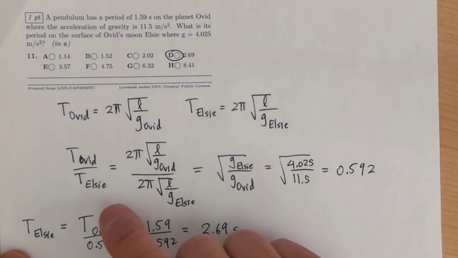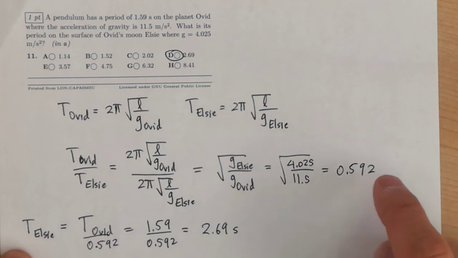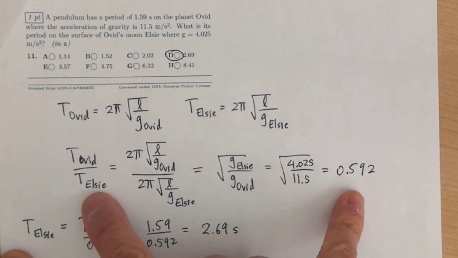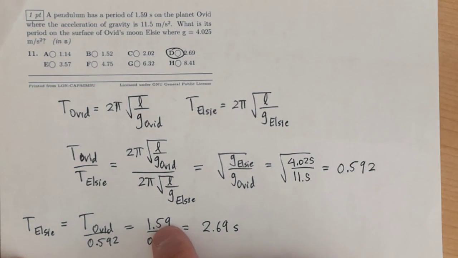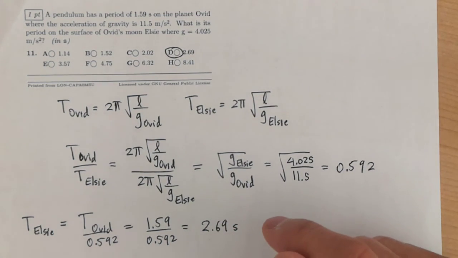So we have the ratio of T Ovid over T Elsie is 0.592, but we want Elsie, so I need to cross multiply and divide by 0.529. So T Elsie is equal to T Ovid divided by 0.529. That comes out to 1.59 divided by 0.529. That's equal to 2.69 seconds.